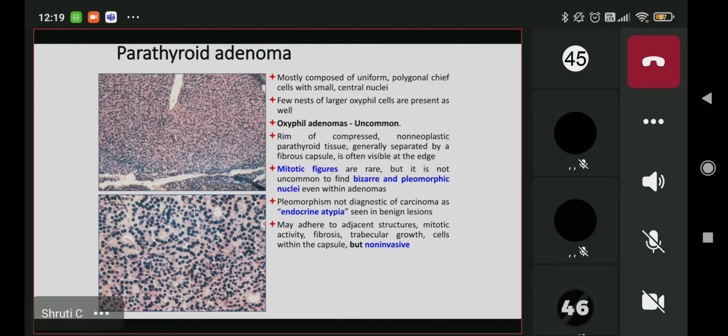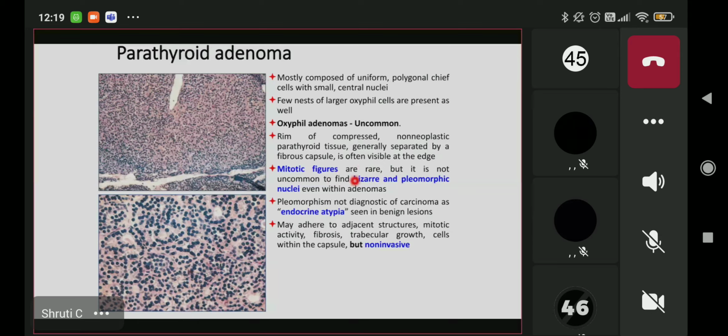Microscopically, mostly they are composed of uniform polygonal chief cells with small central nuclei. Sometimes nests of oxyphil cells are also present. Oxyphil adenomas are usually uncommon. Chief cell adenomas are more common. A rim of compressed non-neoplastic parathyroid tissue is generally separated by a fibrous capsule, and this capsule is often visible, and the normal parathyroid tissue is visible at the edge.